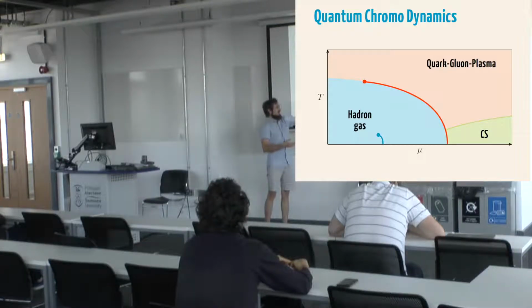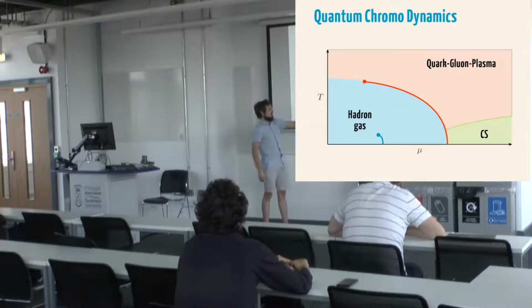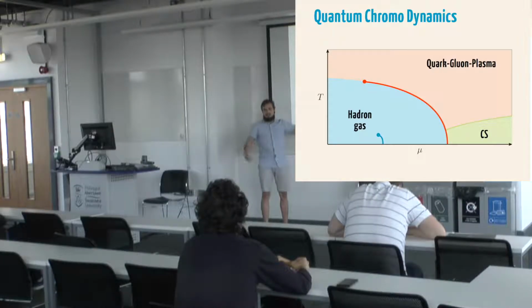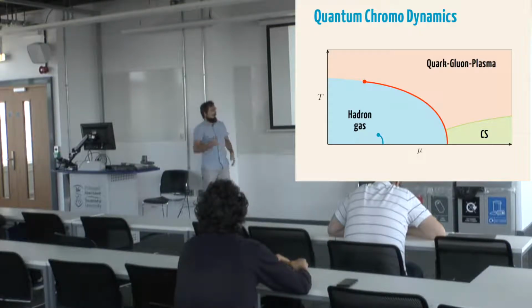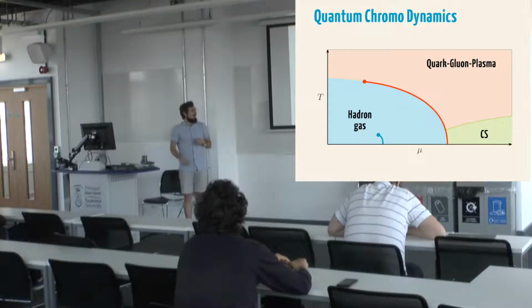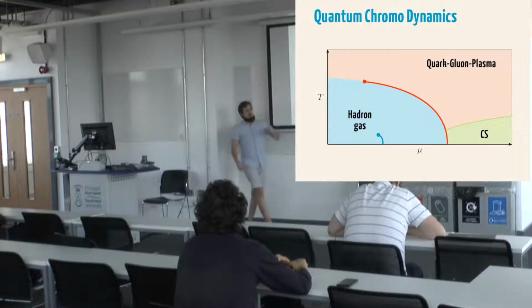Down here is where normal everyday life is, where we have very low temperatures and medium valued chemical potentials, and here's where you have baryons as we know them. As we increase temperature, we move into this quark-gluon plasma phase, where all of the baryons melt into this soup, or plasma, called quark-gluon plasma, and this transition is one of the things we want to study.